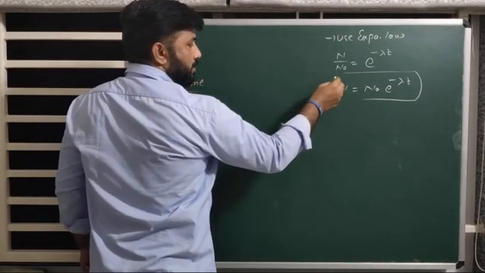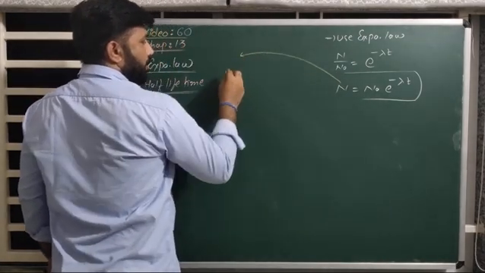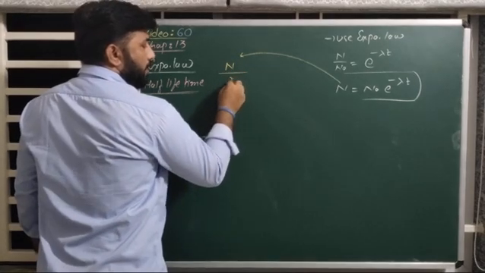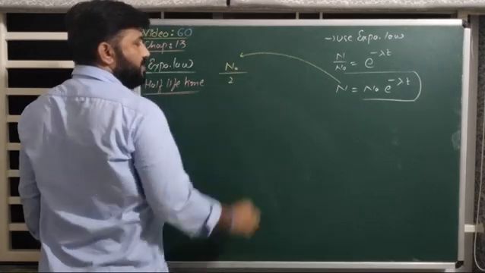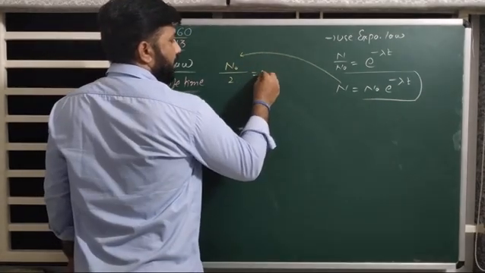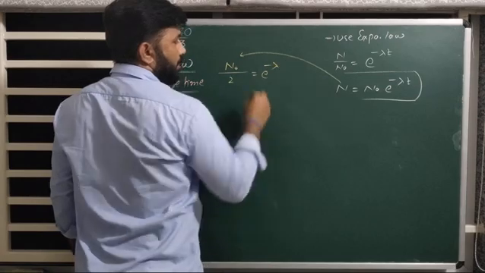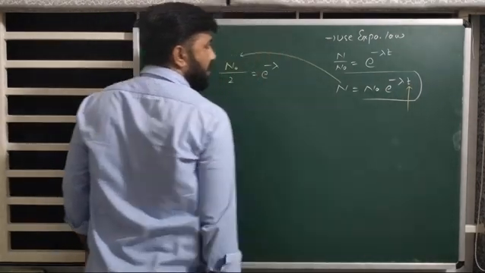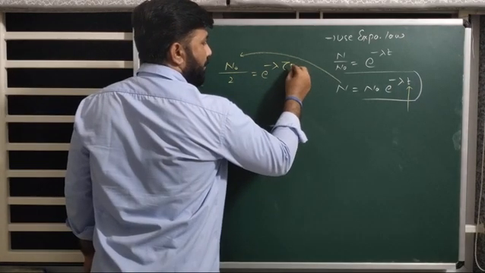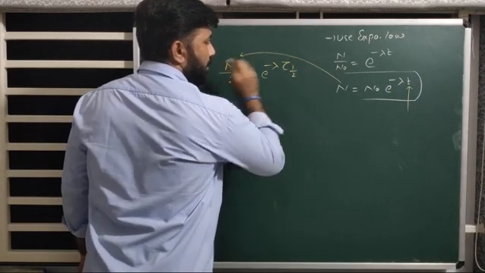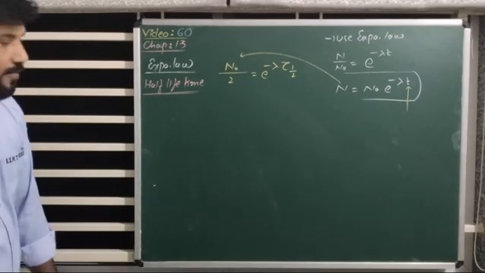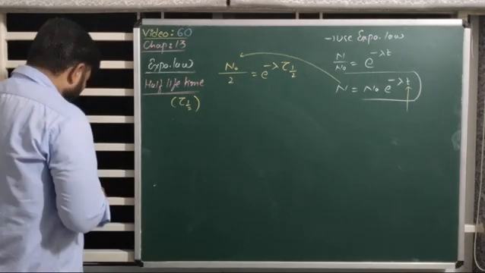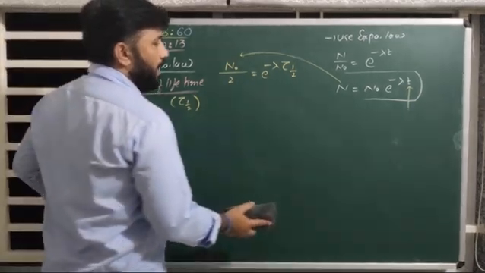The time in which the number of nuclei becomes half of the initial nuclei is known as half-lifetime. So, it has the symbol τ half. How to obtain it?